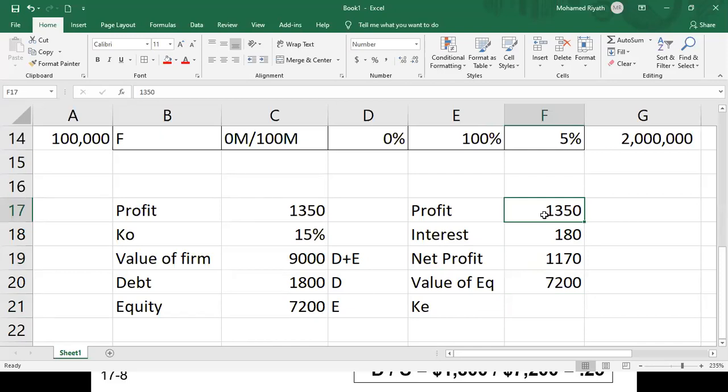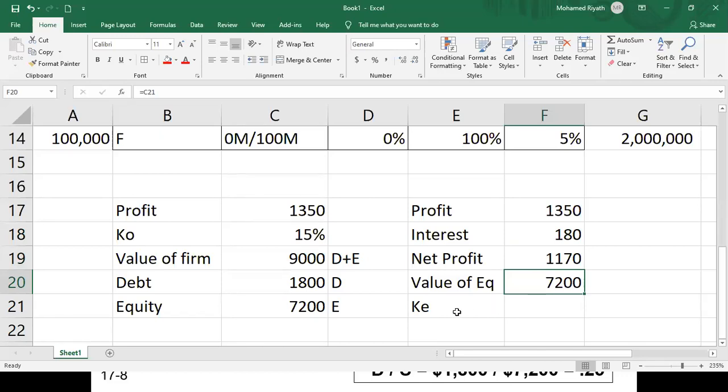It includes interest as well as profit. This 180 belongs to the bank. This one belongs to whom? Equity shareholders. Agree or not? It's a profit, no? It belongs to the equity shareholders. The value of equity is 7,200.